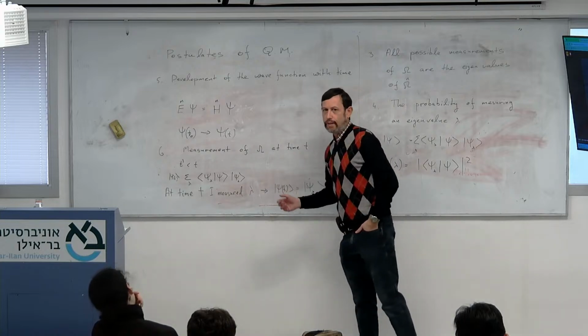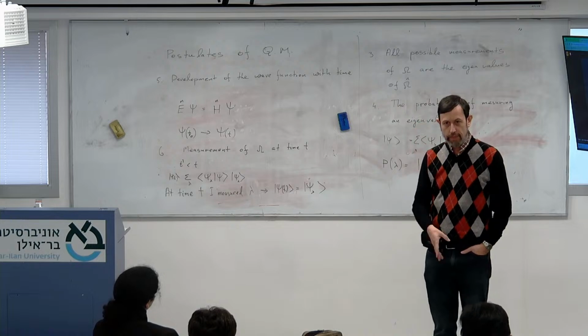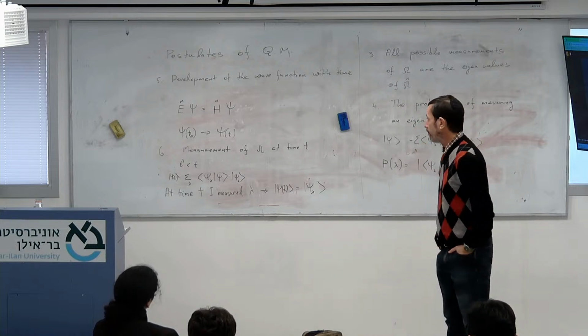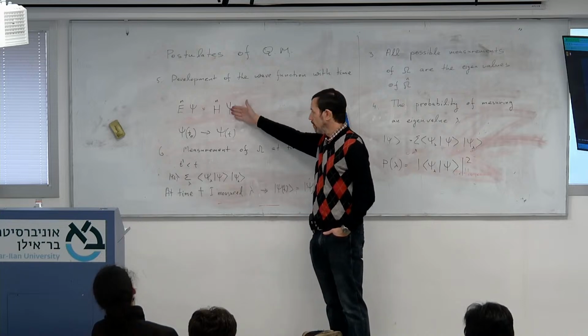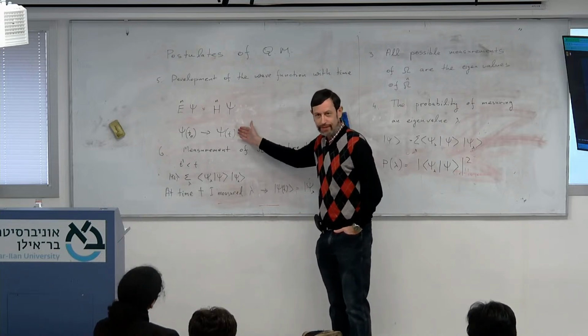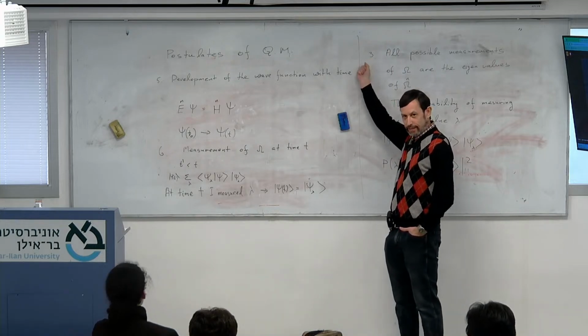As I said, quantum mechanics, from the point of view of an algorithm, is very, very simple. Take your wave function, use the Schrödinger equation. Ask yourself what you want to measure. Calculate the eigenvalues and eigenfunctions.